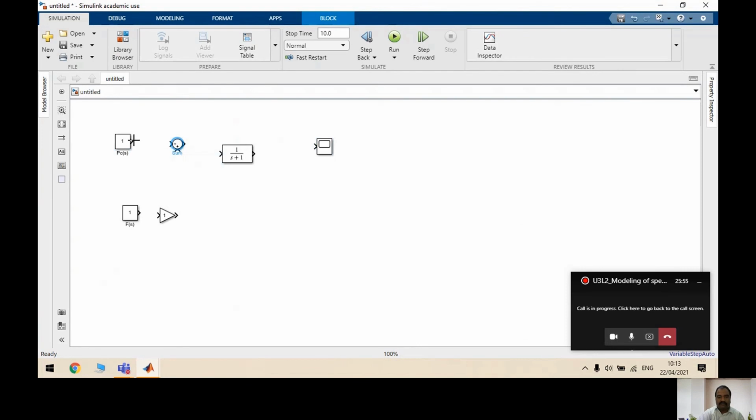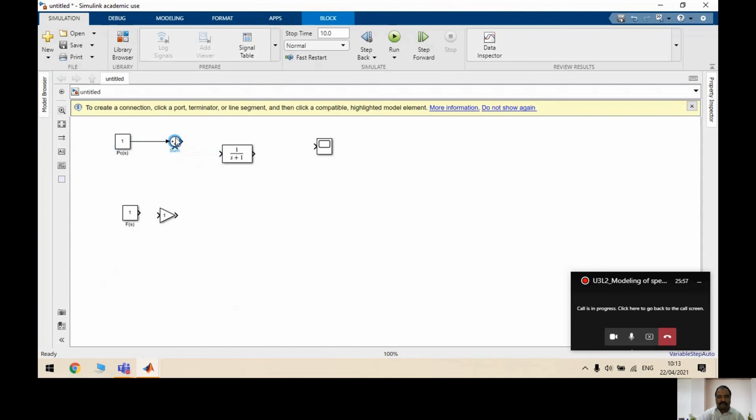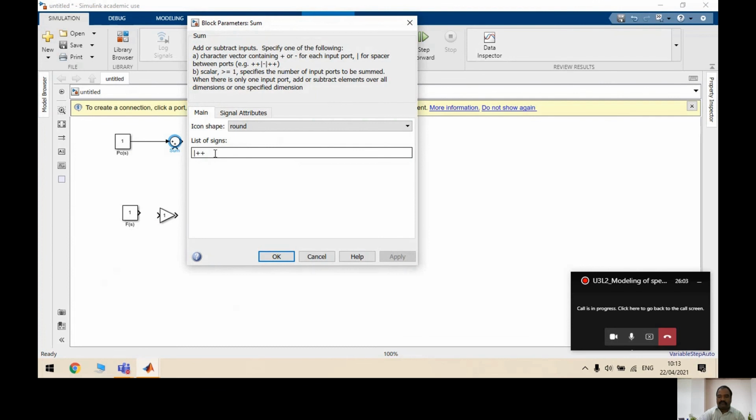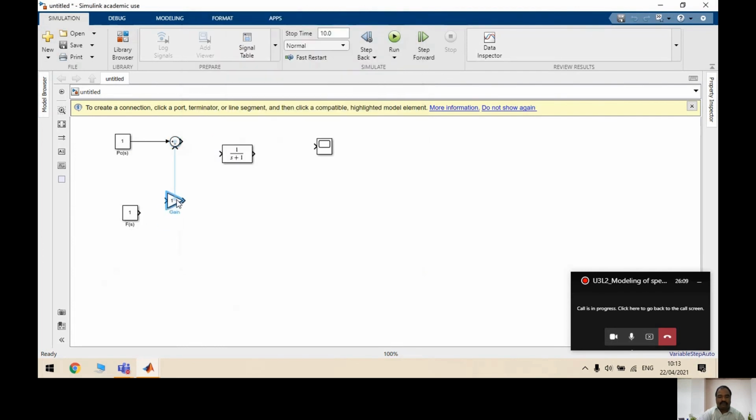Now, if you carefully see, this is delta Pc of S, which will be positive, whereas this one will be negative. And this is my transfer function model. What is this one? Speed governor transfer function, isn't it?